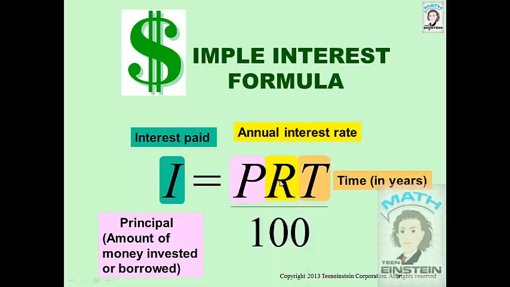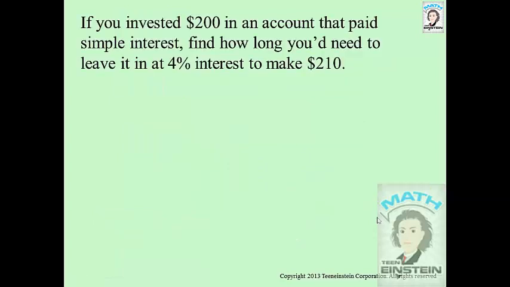R divided by 100, where R is the interest rate in percentage. PRT over 100 will give you the simple interest. Then you must add the interest to the principal so that you will get the total amount received at the end of the given time.